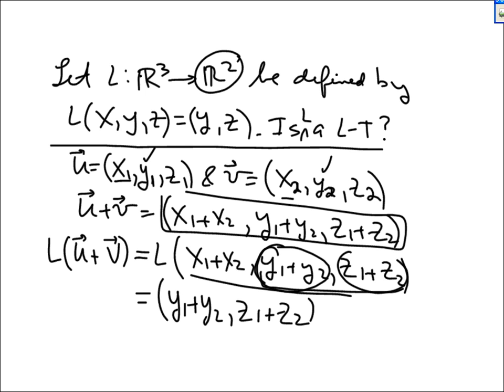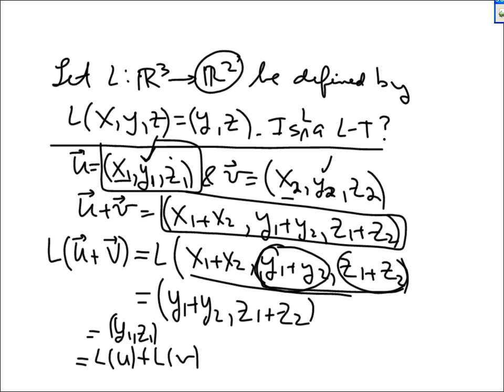But now, I want to get that this is ultimately L of u plus L of v. That's my goal. L of u will be y1, z1, plus L of v, which is y2, z2. But this equals the line above.